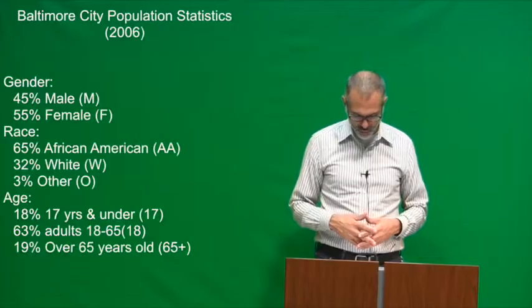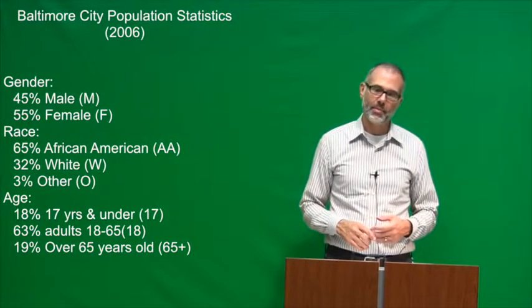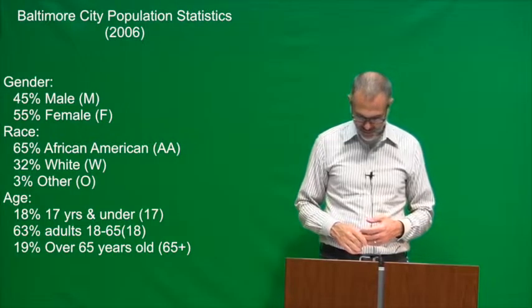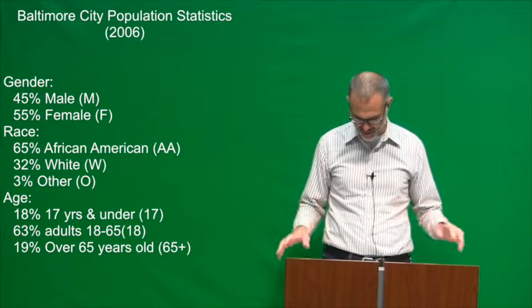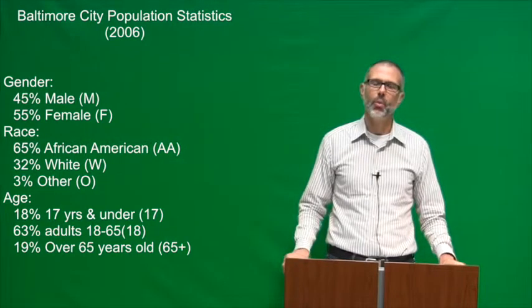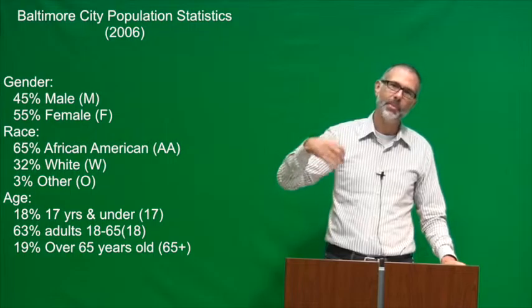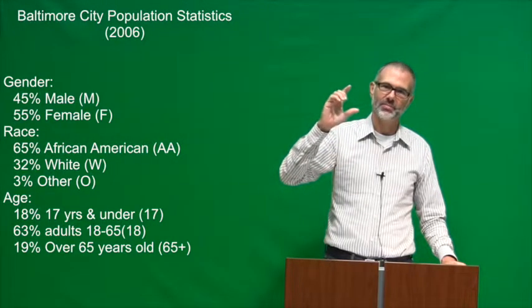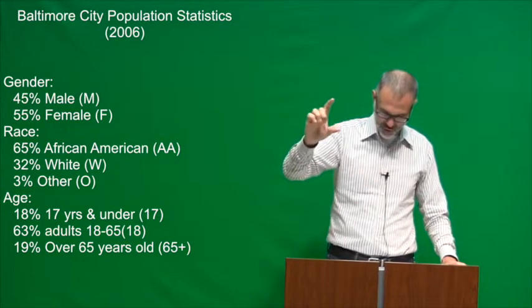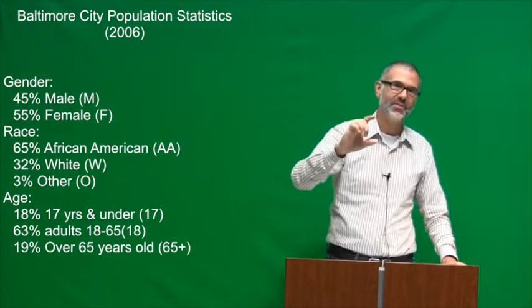Baltimore in 2006 had 45% male, 55% female, 65% African American, 32% white, and 3% other ethnicities. And so if I wanted a representative sample of Baltimore, I would sample the population using random digit dialing until I got 65% African Americans, 32% white, and 3% other, 45% men, and 55% women.